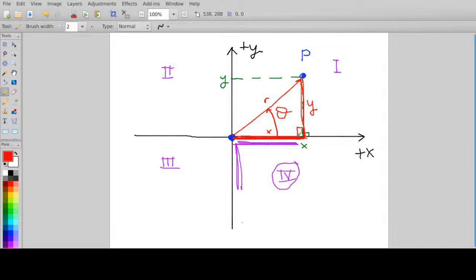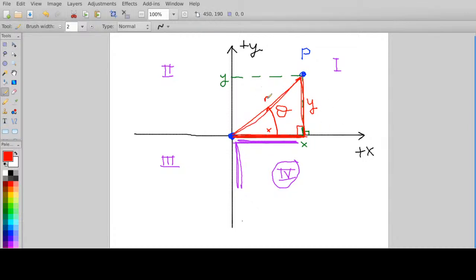This is a right angle triangle with two sides x and y, and the hypotenuse is r. So you have a hypotenuse r of a right angle triangle with sides x and y, and the Pythagorean theorem says that r squared is going to equal x squared plus y squared. There you go. There is the Pythagorean theorem coming out of that triangle.